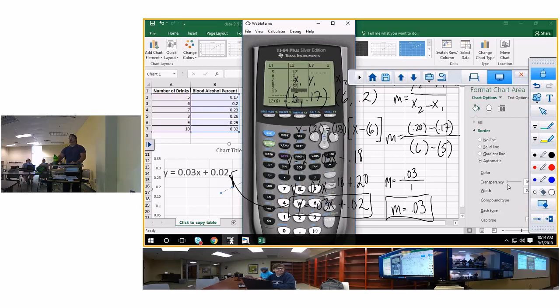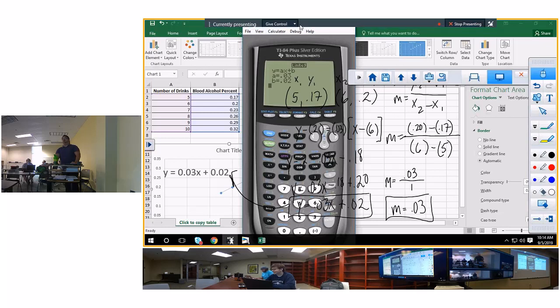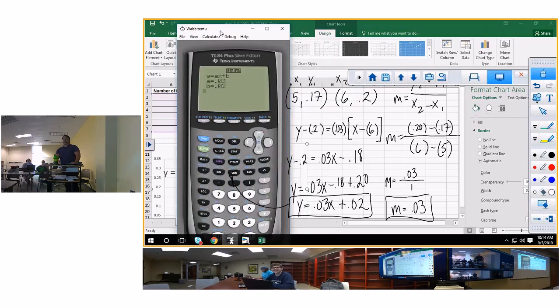And now go to Stat, calculate, linear regression, and hit calculate, and you feel good about yourself. So that's 3 ways to find this answer.